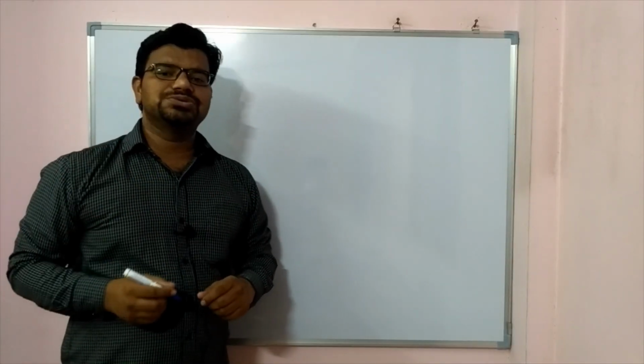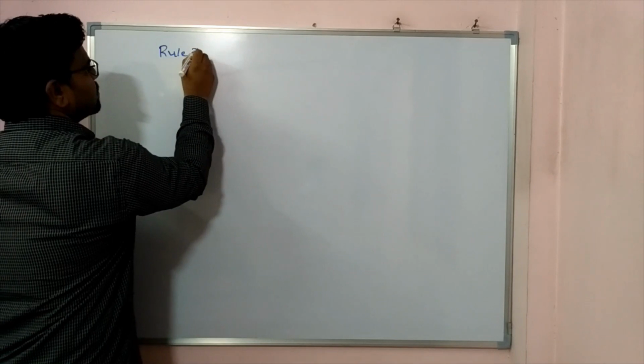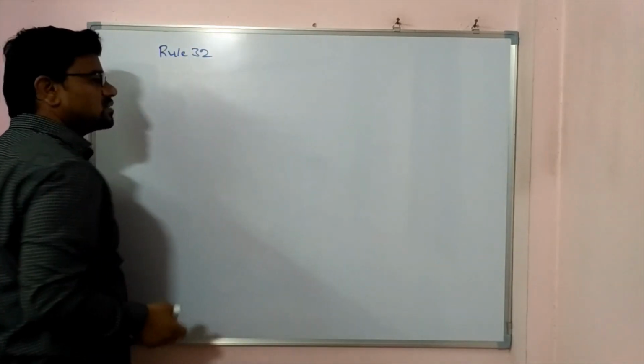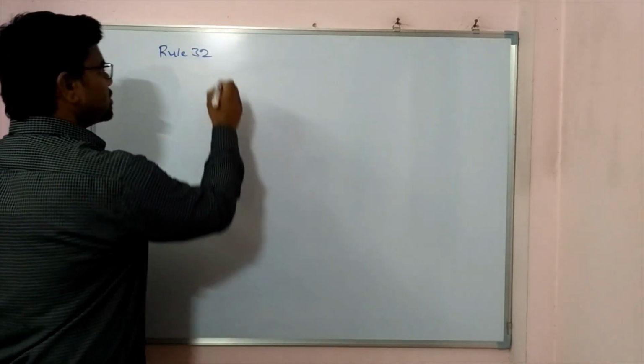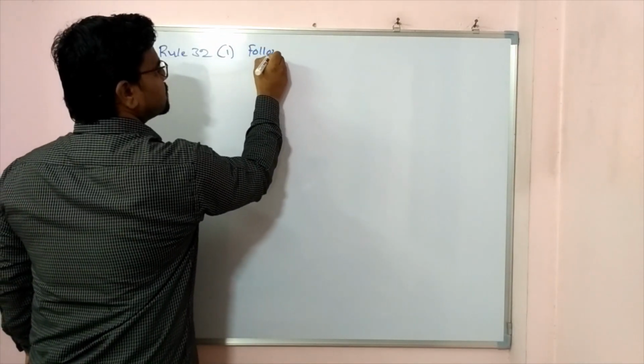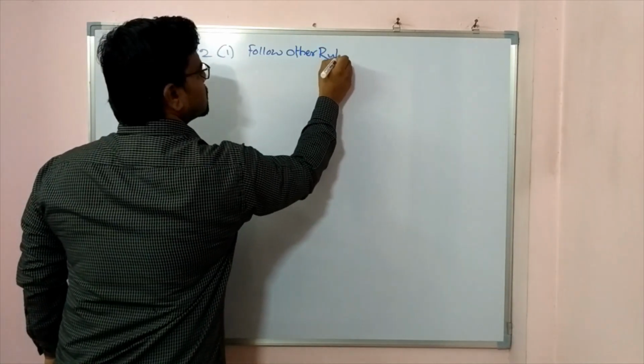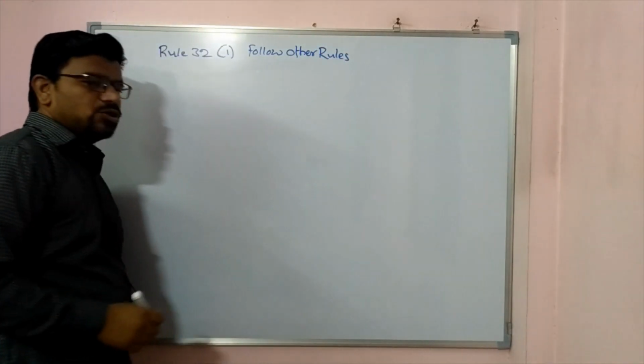As I told you, rule 32 has 6 subrules. Rule 32 subrule 1 says follow the other rules to understand the value of supply.